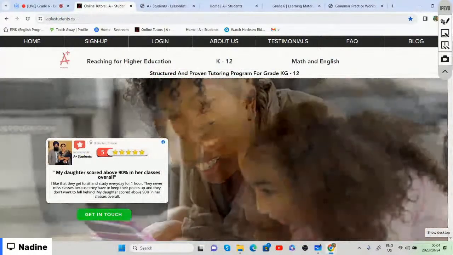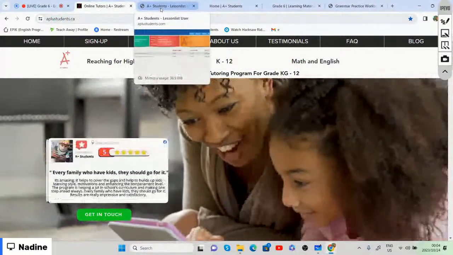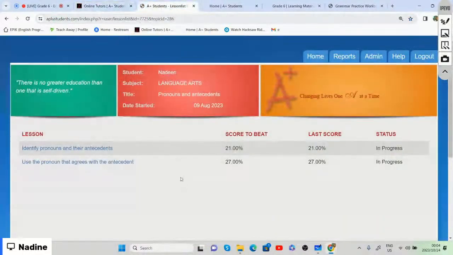All right, once you have selected grade 6, you're going to scroll down until you get to the chapter of pronouns and antecedents.